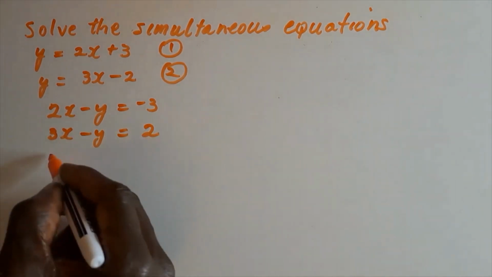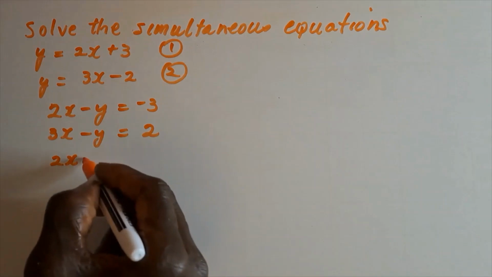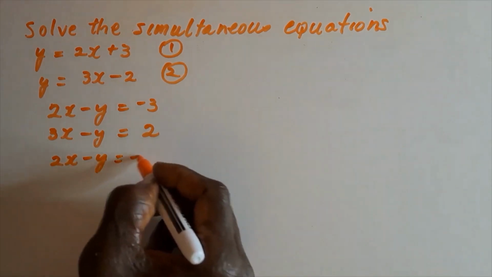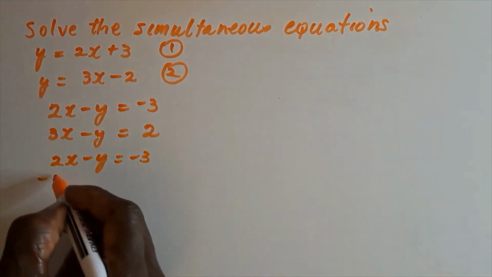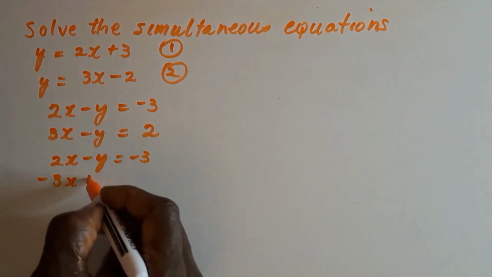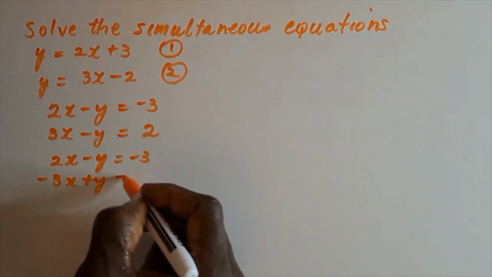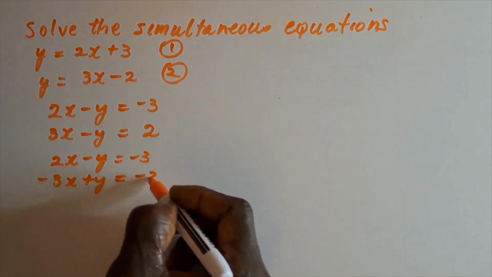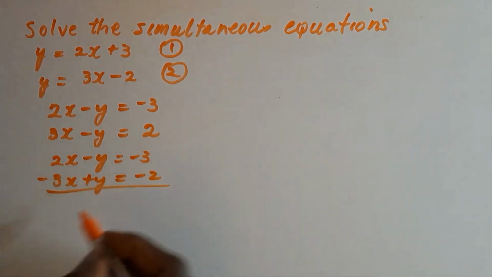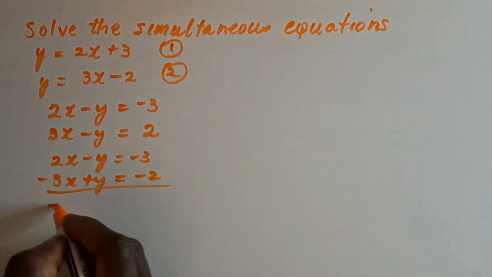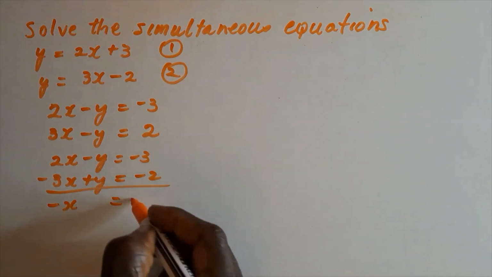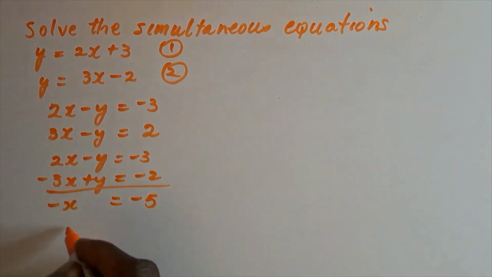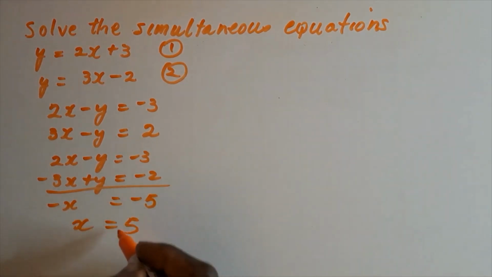So the first one remains as it is. And the second one becomes minus 3x add y is equal to negative 2. We add these two equations, they give us minus x is equal to negative 5. It means x is equal to 5.